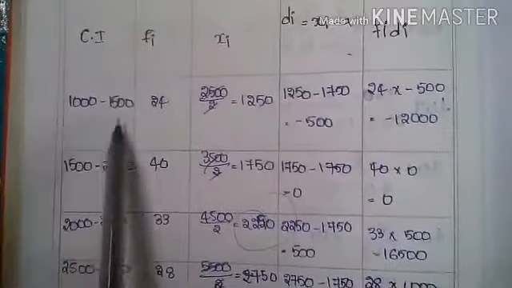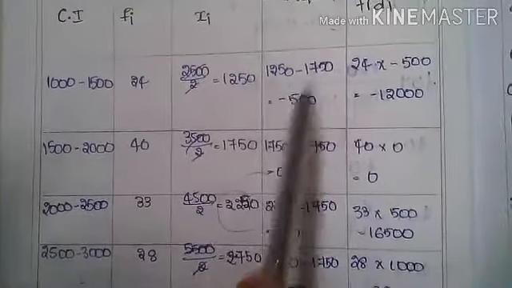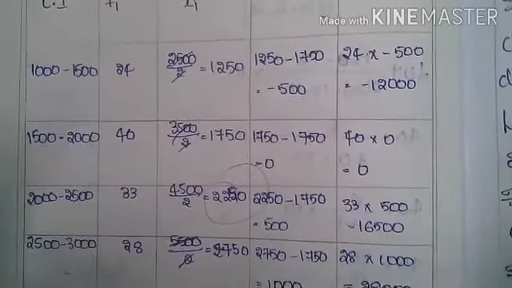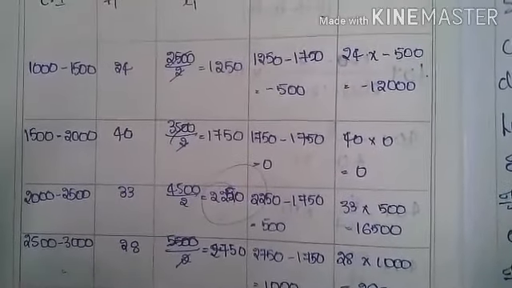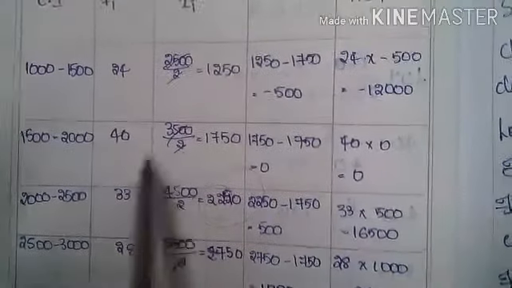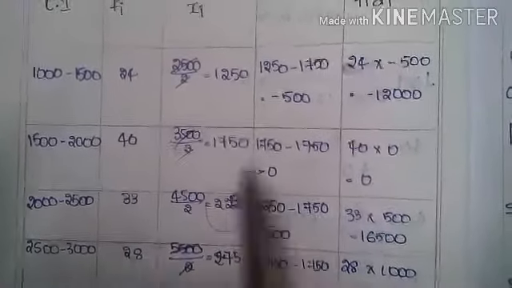So 1000 plus 1500 will get 2500, divided by 2, 1250. So here the highest frequency is 40. So I am taking 1750 as A.